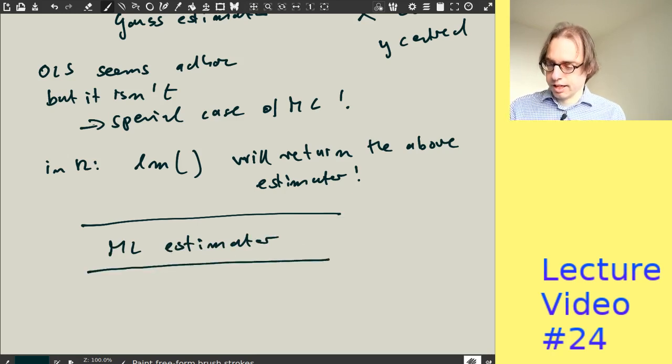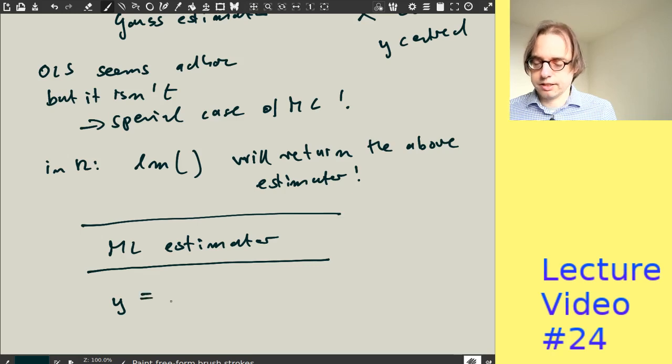That actually proceeds more or less in the same fashion. We have the regression equation again. Let's write down y is beta naught plus beta transpose x plus epsilon. Now I'm writing it down in the random variable notation.